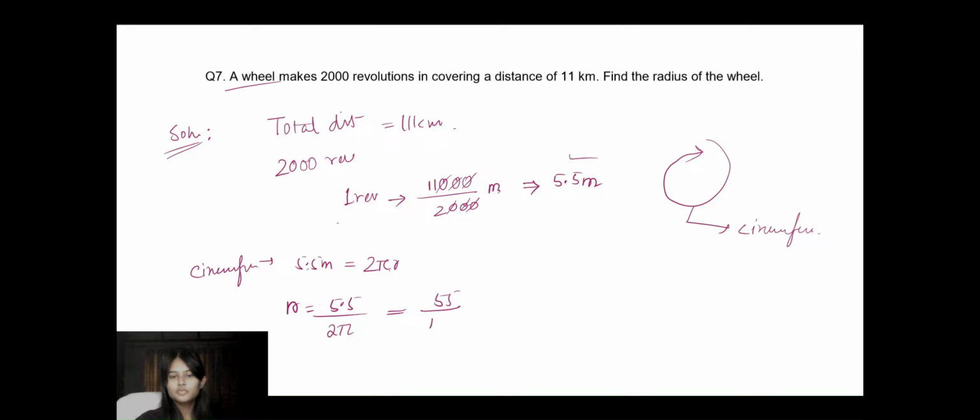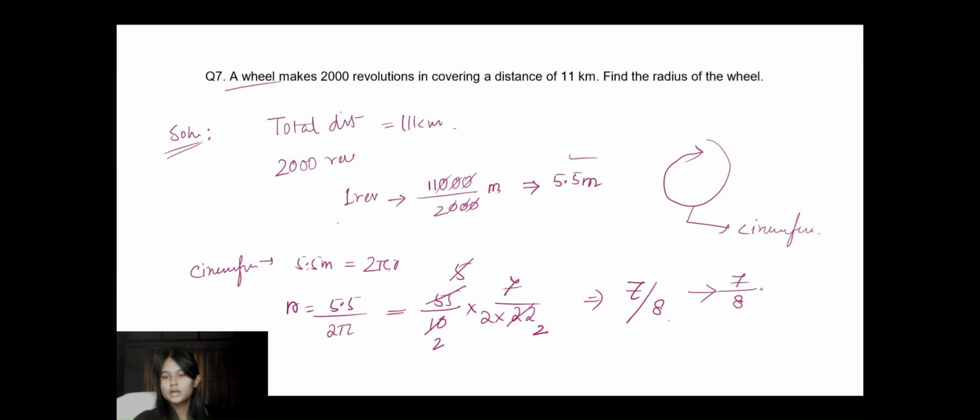That is 55 by 10 into 7 by 2 into 22, right? So we can cancel out 11 with 22 and 11 with 55, and 5 with 10. So it is 7 by 8 meters. If I convert this into centimeters, it is 7 by 8 into 100. What I'm getting is 87.5 centimeters.